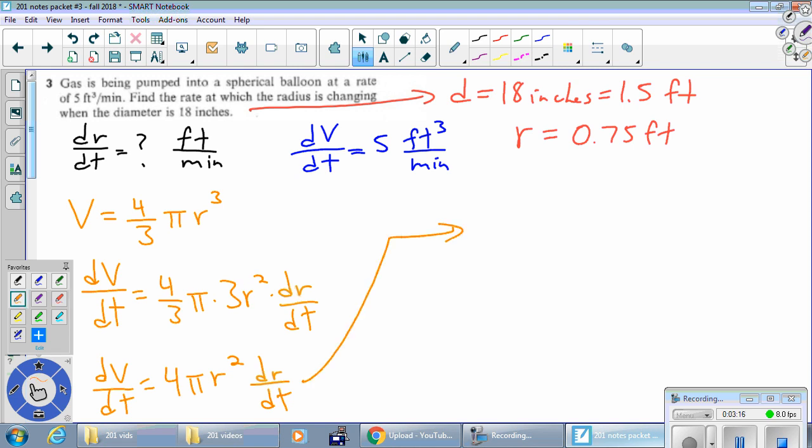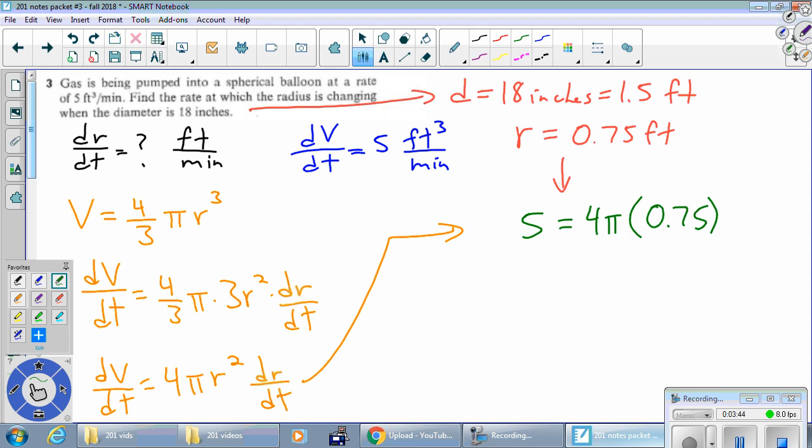So this one and this one go together and make one new equation. So dV/dt on the left-hand side, I'm just copying this equation down here. dV/dt, we're changing to the number 5, that's given, equals 4 pi r squared. r is now ready to be fixed at 0.75. Remember, you don't fix the variables until after you've taken a derivative.